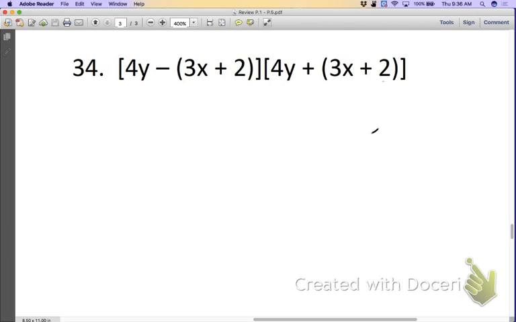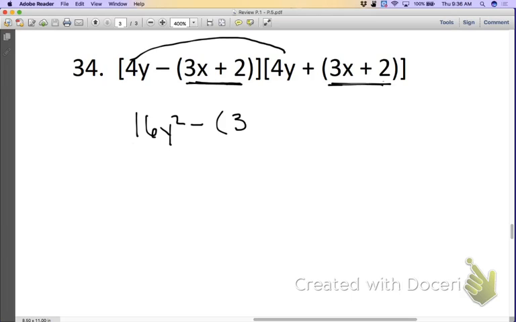I'm still just going to go first times last, and I'm going to go 4y times 4y and have 16y squared. Then I'm just going to take these two, and I'm going to go minus 3x plus 2 quantity squared.